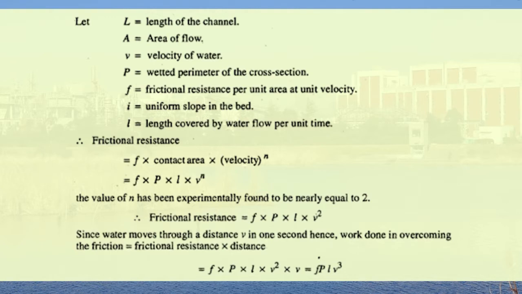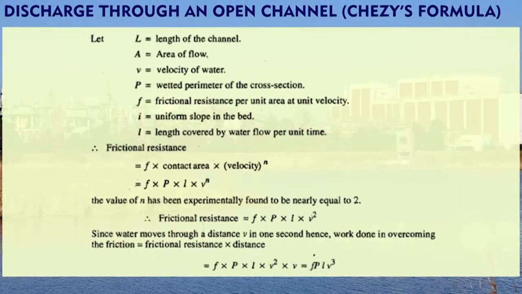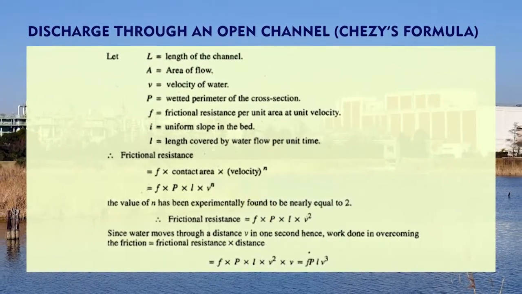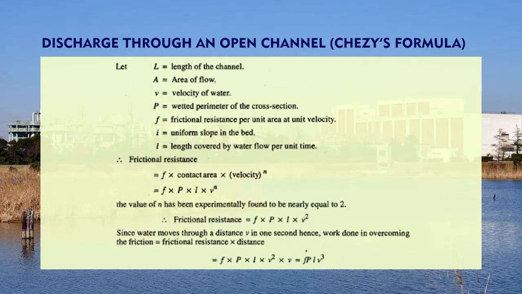So frictional resistance is equal to F into P into l into V square. Since water moves through a distance V in 1 second, the work done in overcoming the friction is equal to frictional resistance into distance, which is F into P into l into V square into V, so is equal to F into P into l into V cube.